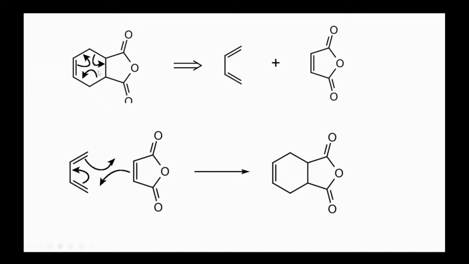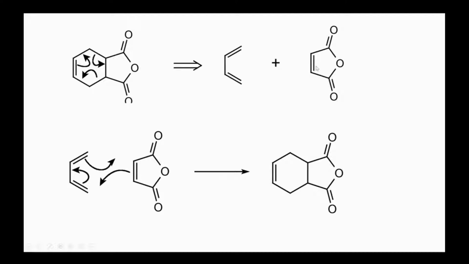So these are the three arrows that you should remember how to point out. This double bond goes toward there, and the bond between these carbon and carbon breaks and shifts toward this side, and this arrow moves towards this end, and you have a diene, 1,3-butadiene, and an ene.